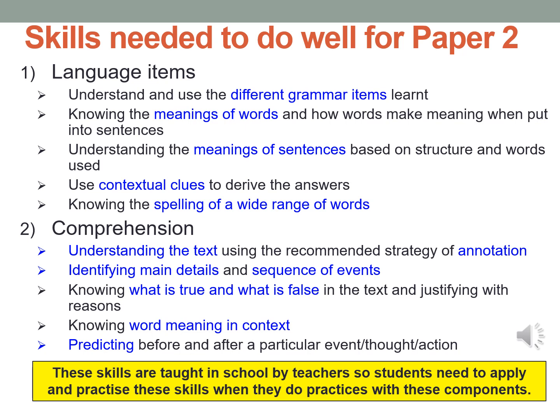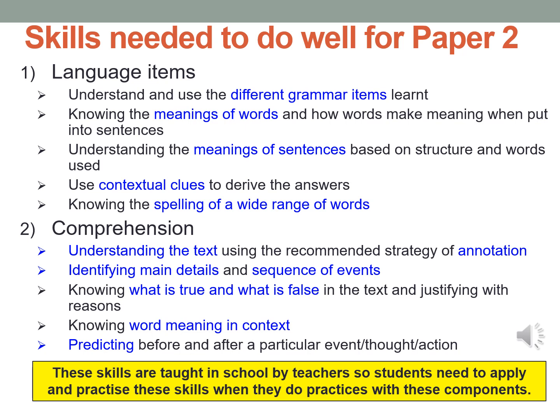In terms of language items, students need to know the different grammar items and meanings of words to be able to understand sentences. They also need to use contextual clues to derive the answers. For comprehension, students need to show an understanding of the text using annotation.